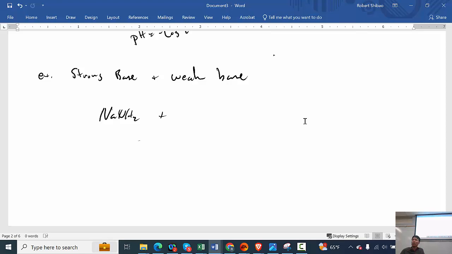We could do a related weak base or an unrelated weak base. We'll do an unrelated weak base, like sodium acetate.